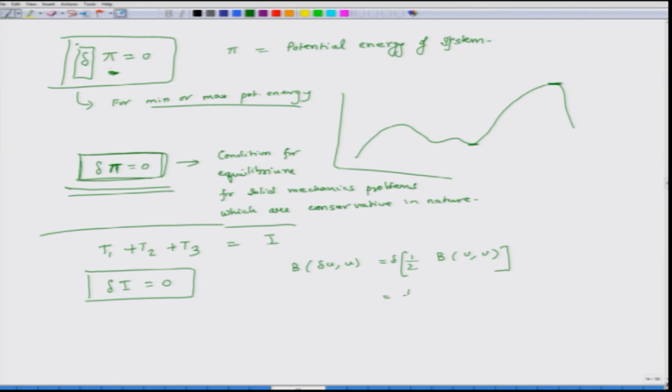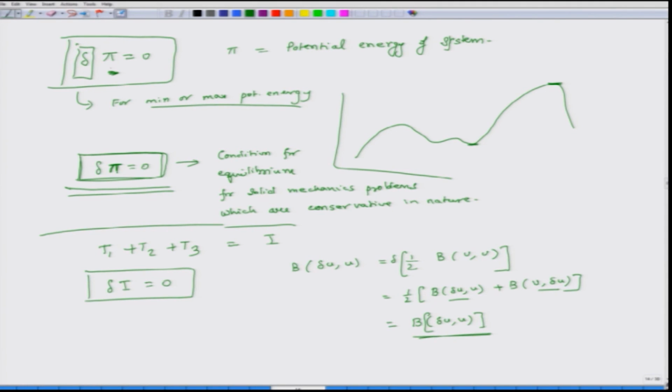This is equal to half B, right, and because this is linear and symmetric in U, so this is nothing but B of delta U, U. So, all this discussion about weak form and about this criteria for having a minima is valid only if we have B which is bilinear.